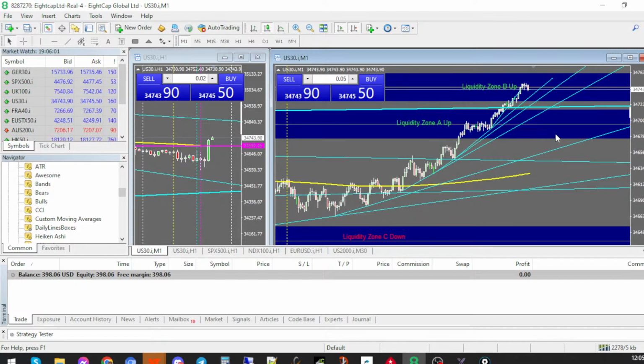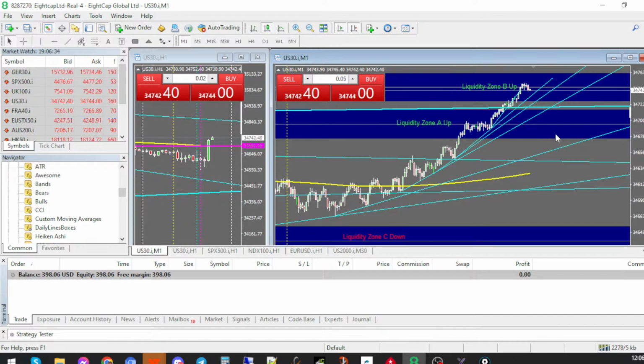Getting a little bit of a pullback. Price is moving kind of slow today.